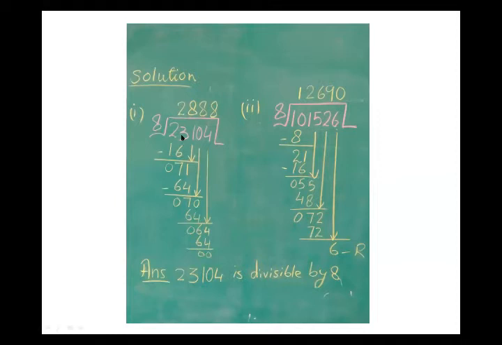If we subtract 16 from 23, we have a remainder 7. Then we pick the next digit, which is 1, making 71. Then we again read the table of 8 up to an answer less than or equal to 71. Here you see that 8 times 8 is equal to 64. Now we subtract 64 from 71, and we again have a remainder 7.